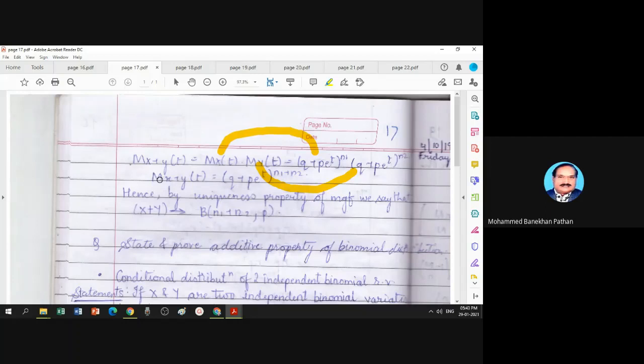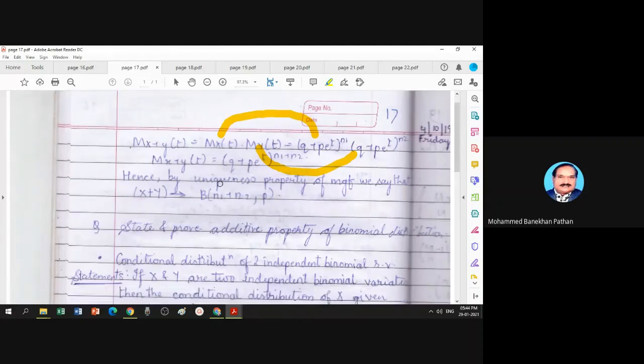So you will get MGF of X plus Y, at point t, equals the same base with power n1 plus n2. Therefore, my random variable X plus Y follows binomial with parameters n1 plus n2 and the second parameter coming from here, that is p. So this is nothing but the additive property of binomial distribution.